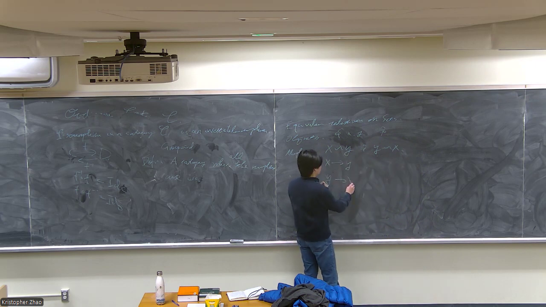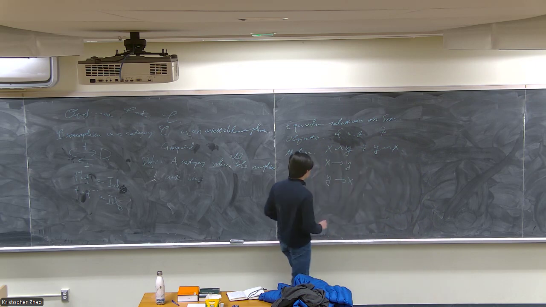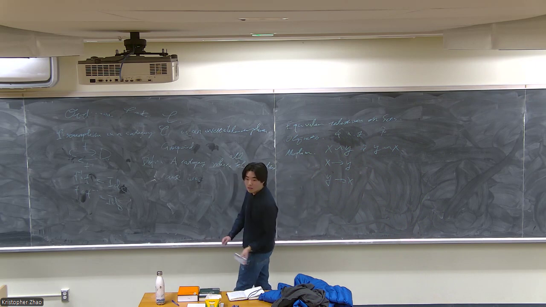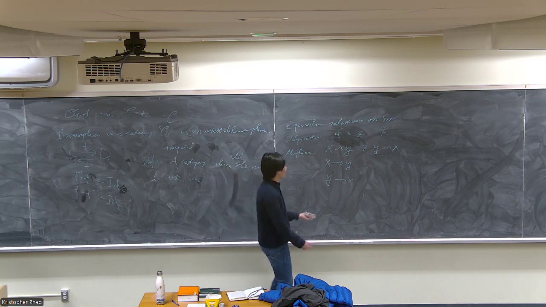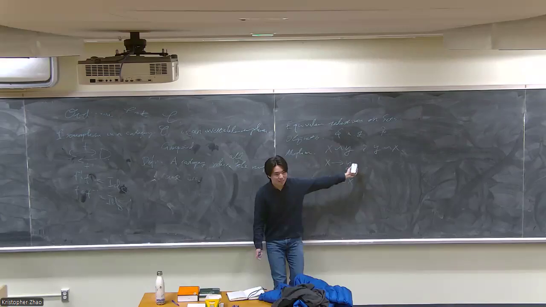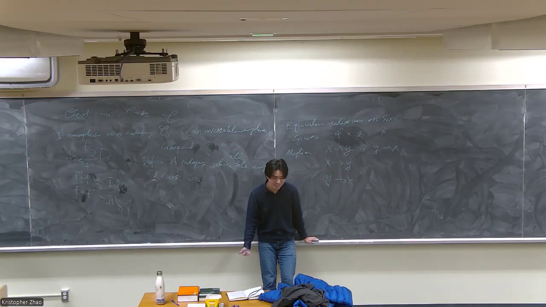You haven't shown why this is supposed to be a category at all. It's transitive. Identity? It's by the definition of equivalence relation. The definition has three parts: identity, transitive, and symmetric.